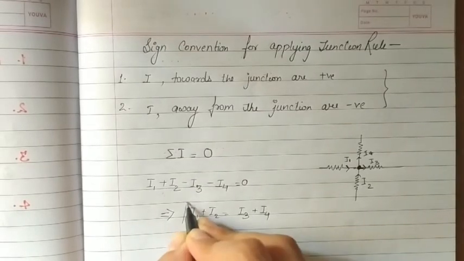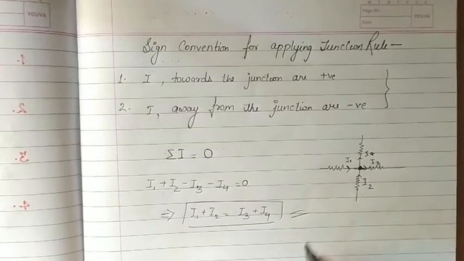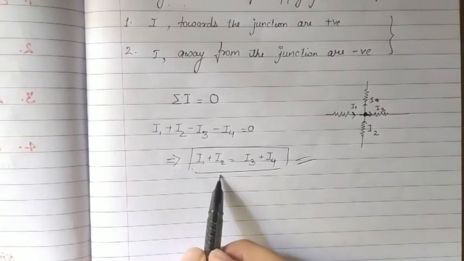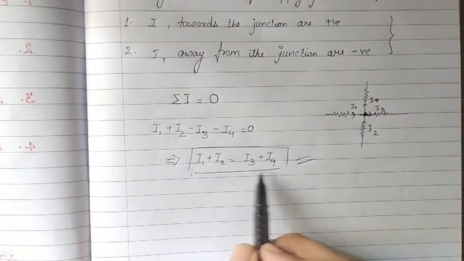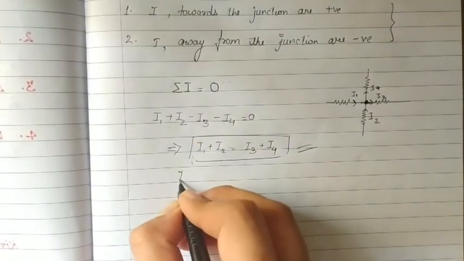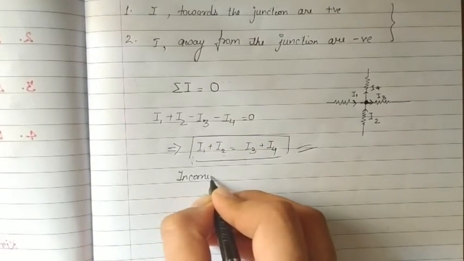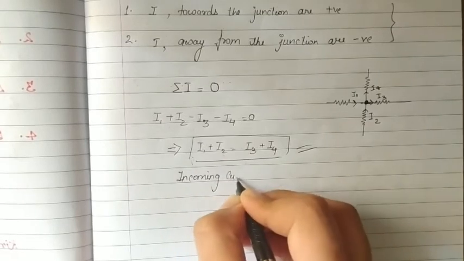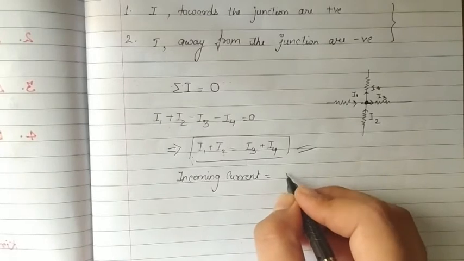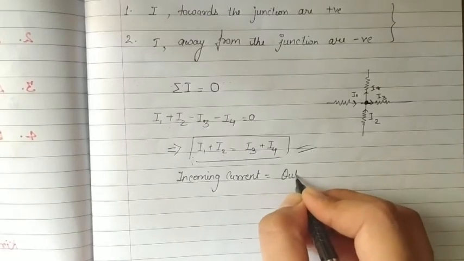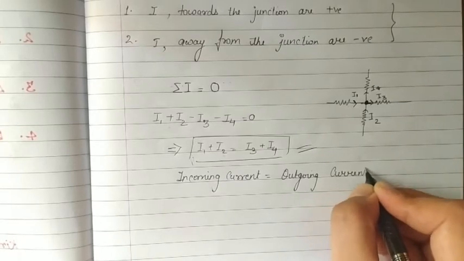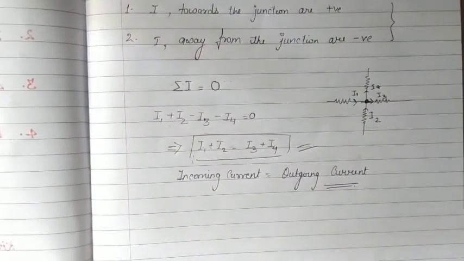This form that we get by rearranging shows that the sum of currents flowing towards the junction is equal to the sum of currents flowing away from the junction, or we can say incoming current, the current coming towards the junction, is equal to the current going away from the junction, or outgoing current. Incoming current is equal to outgoing current.